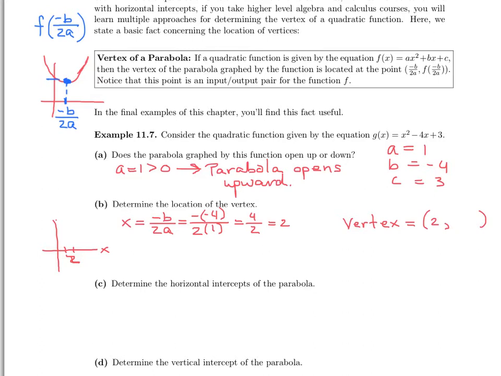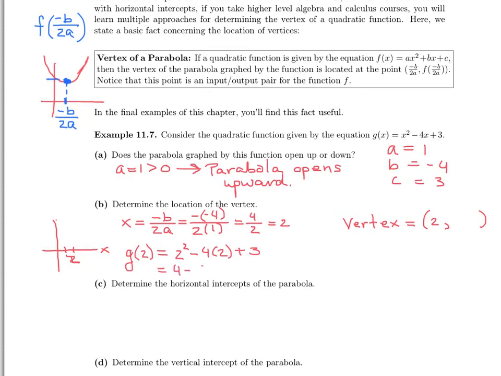But remember, the vertex is a point on the graph, which means it's an input-output pair for the function. The 2 is input. To find the second number, we look for the output. So we have to take our 2 and substitute it into the function. So I put 2 into the g function, and g will square the 2, subtract 4 times 2, and add 3.